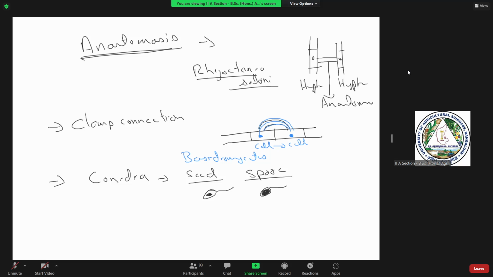Both germinate provided with moisture and congenial conditions. Normally, conidia are 2 to 150 micrometers in diameter.